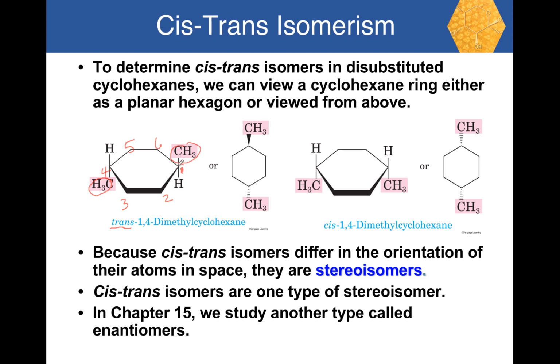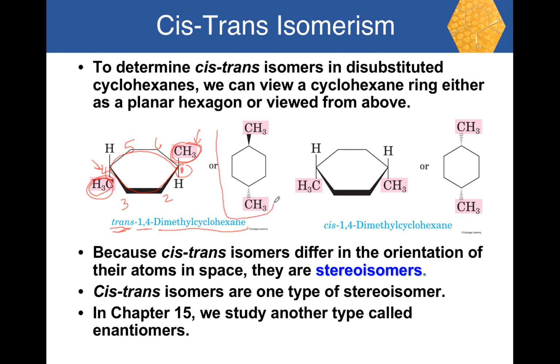So on carbon 1, there's a methyl group, and on carbon 4, there's a methyl group. So it's 1,4-dimethyl cyclohexane. Why cyclohexane? Because this is a ring. Why trans? Because one methyl group is below the ring and the other methyl group is above the ring.